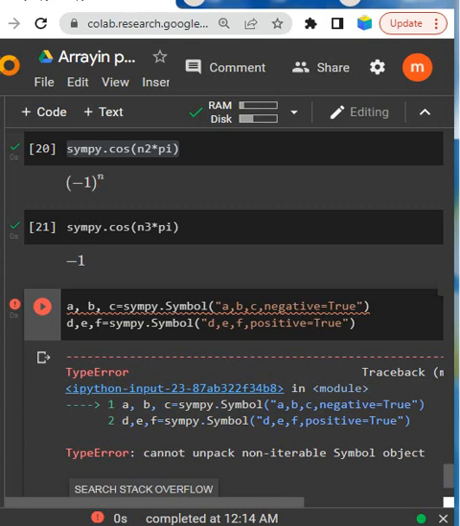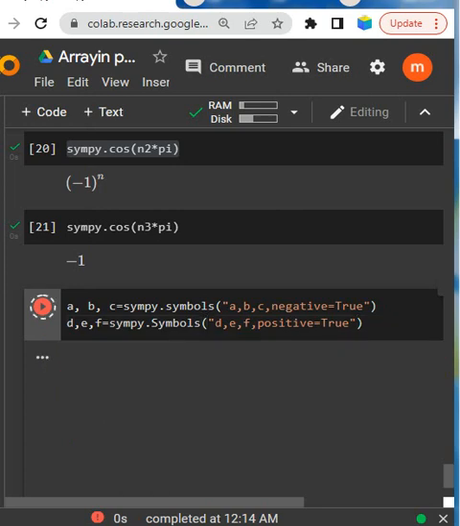So A has been taken as this. Now, sympy.symbols, oh sorry, it should be symbols here, because it is not a single symbol but more than one.